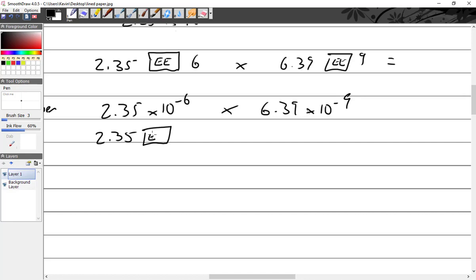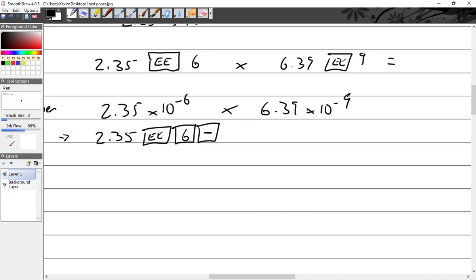Okay, EE, 6, negative on the gray calculator. On the pink or blue one, 2.35, second EE. We have to go negative first, then 6.